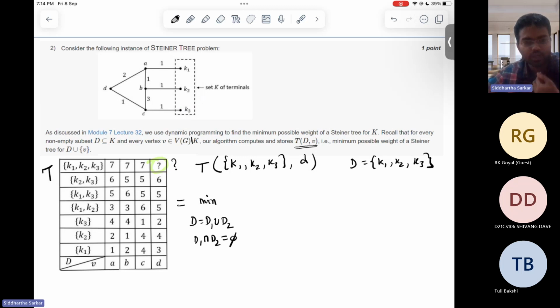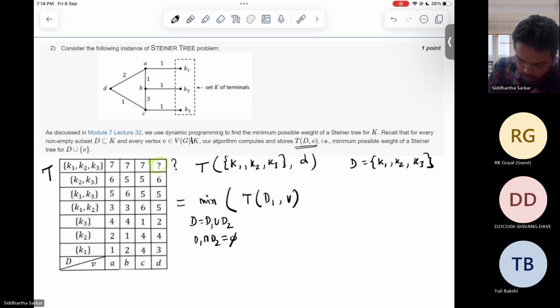So this is a disjoint partition, and you have to take the minimum out of T of D1 comma V, where V is over all the non-terminals. Recall that K is the set of terminals.